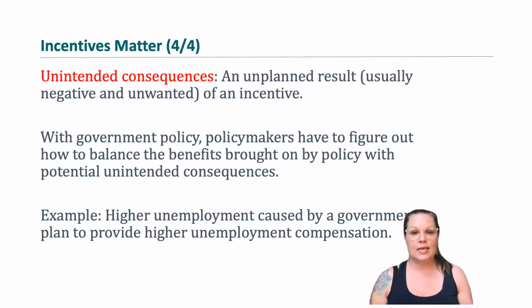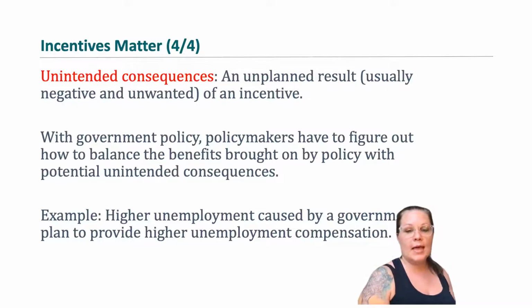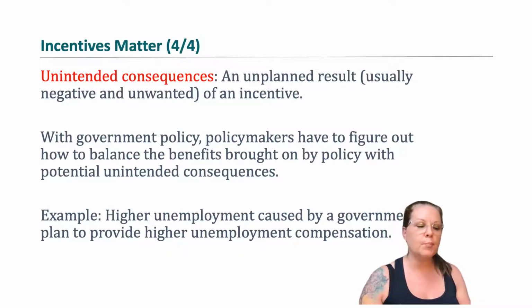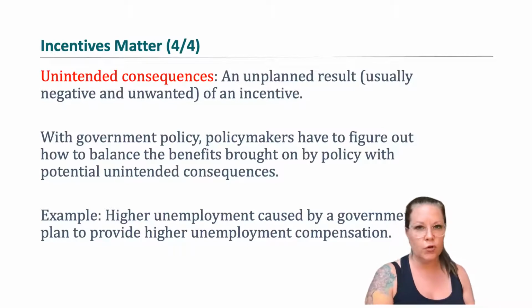Something we've seen recently. The government may want to provide higher unemployment compensation for a number of reasons, right? And those reasons often are led by wanting to create the greatest benefit to society and create protections for those who are most vulnerable.